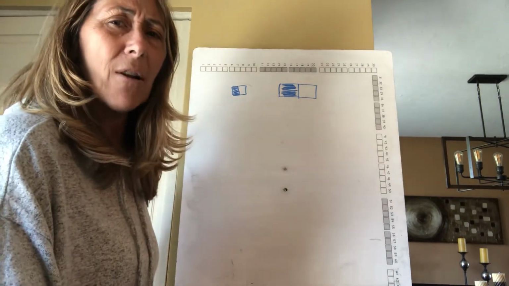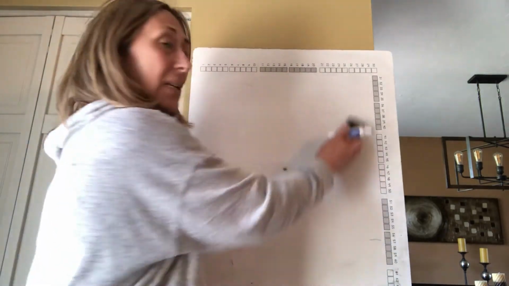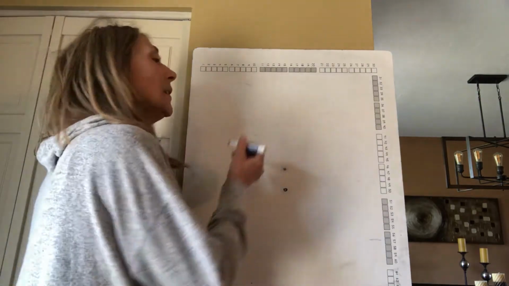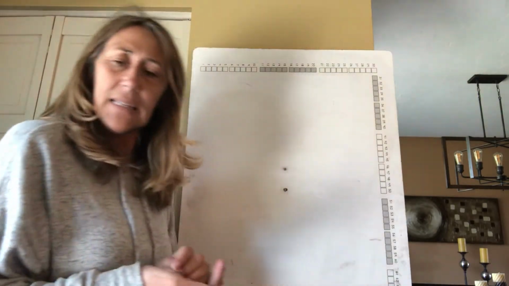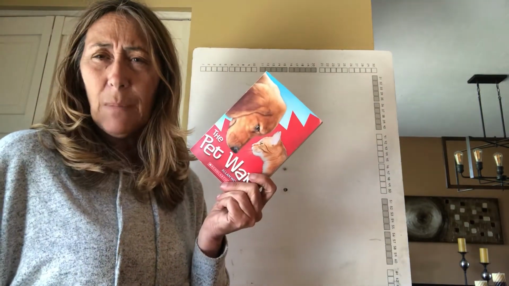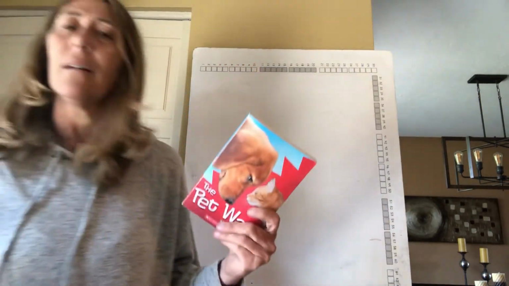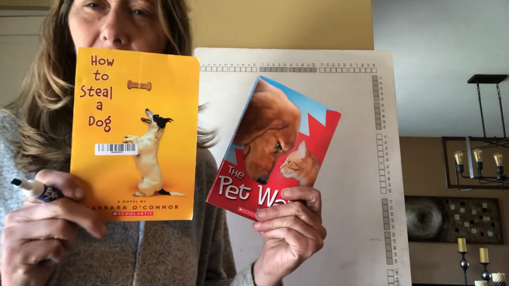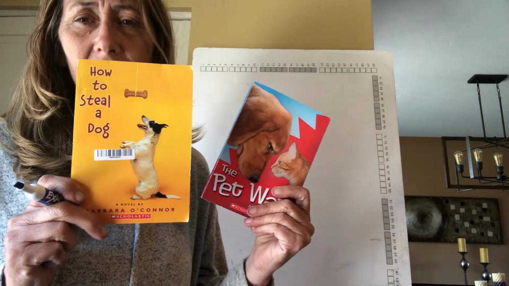Going back to my markers and my pens. Let's see, my Pet Wars book, I'm going to read half of this book. And I'm going to read half of How to Steal a Dog.